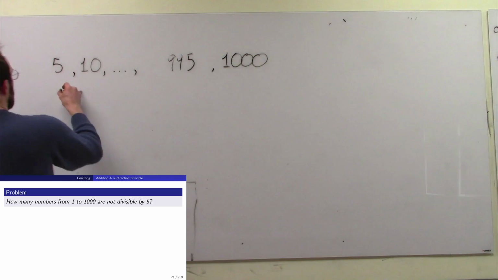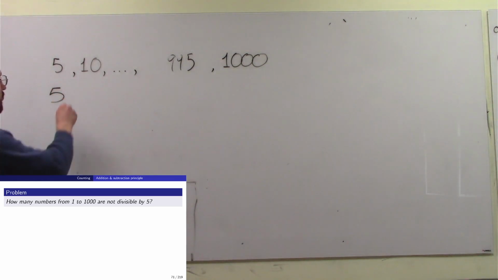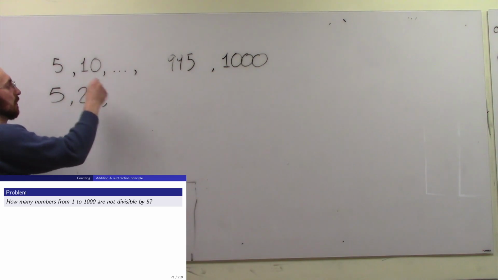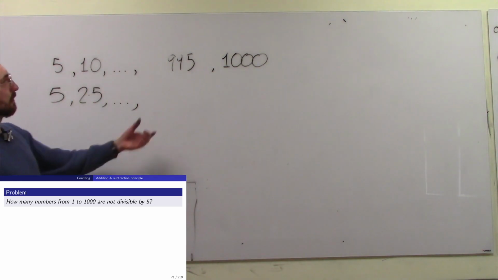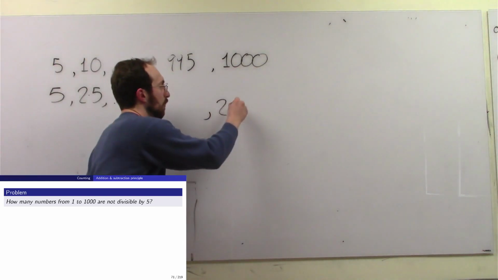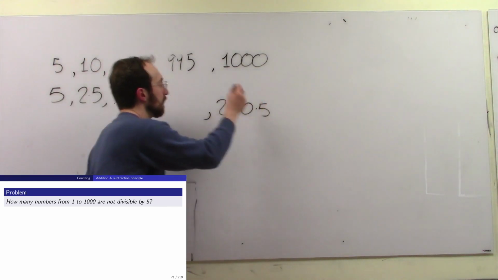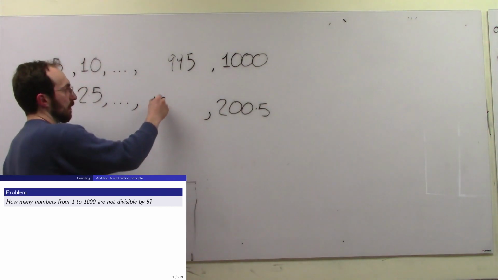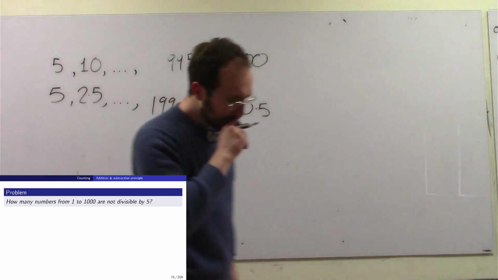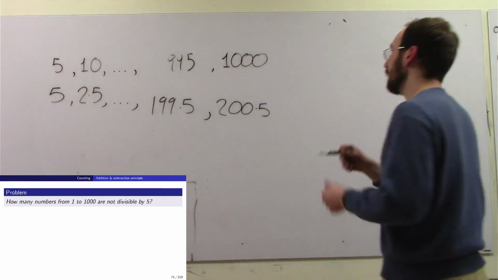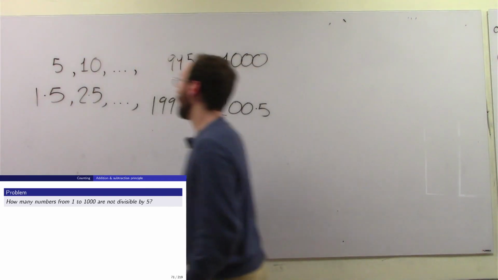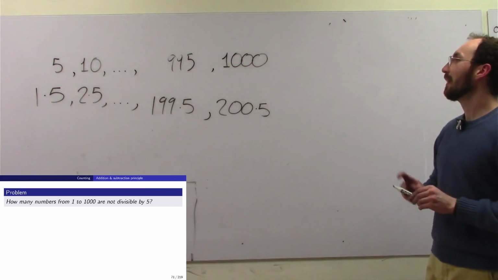Let's rewrite this. So we have 5. 10 is the same as 2 times 5. And 1,000 is just 200 times 5. And 995 is 199 times 5. Here, actually, one more. There we go. 1 times 5.